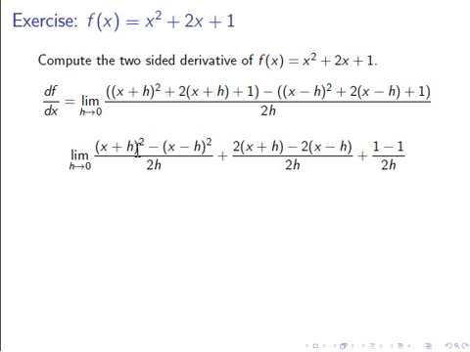x plus h squared minus x minus h squared simplifies as 4xh as we saw before. 2 times x plus h minus 2 times x minus h simplifies as 4h, because the 2x and the 2x cancel, and the 2h minus 2h becomes positive 4h. 1 minus 1 is of course 0, and now we simplify these quotients by removing the discontinuity. 4xh over 2h is just 2x, 4h over 2h is just 2, and 0 over 2h is just 0.